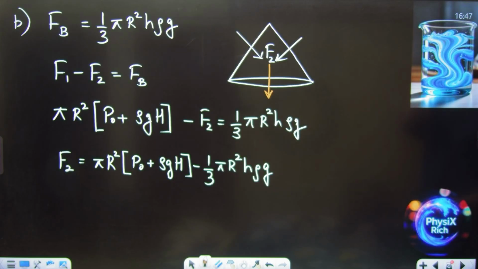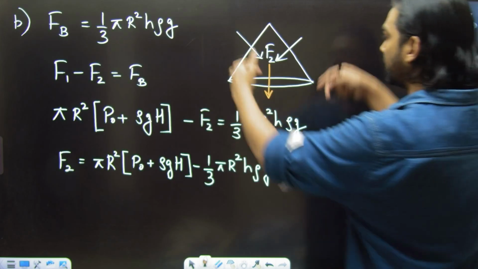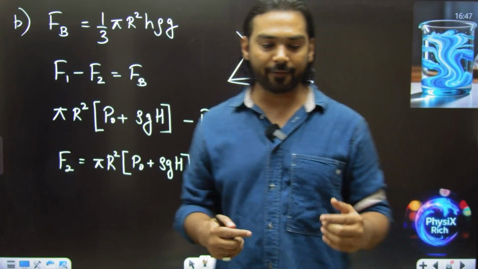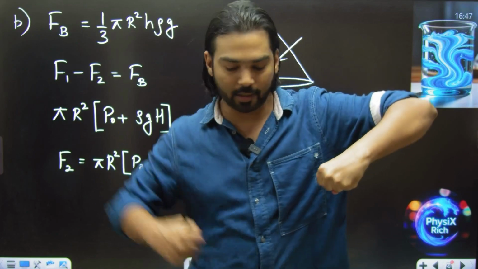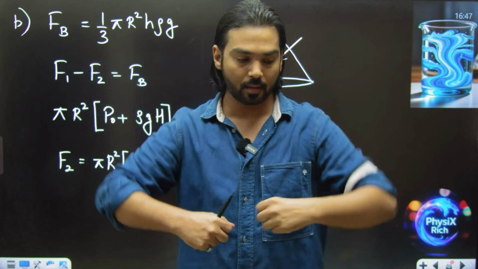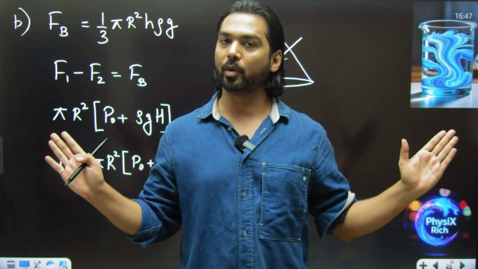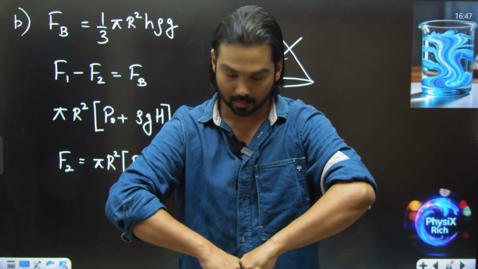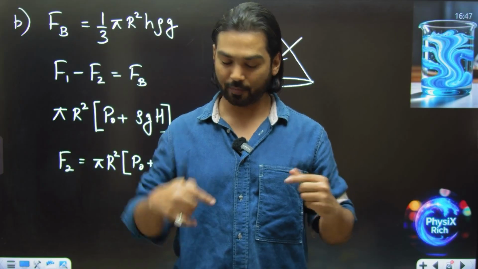But the interesting part over here is that this is the slant force. It's acting on both these sides. If I have a cone and I push it from here and from here, don't you think the horizontal components will get cancelled? If I push something like this and something like this, where will it go? It will go down.